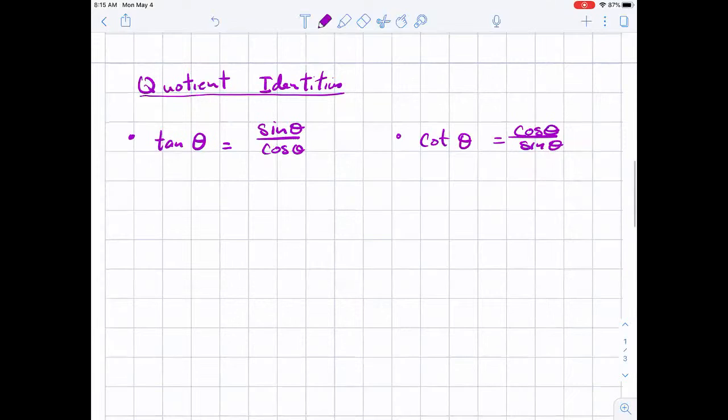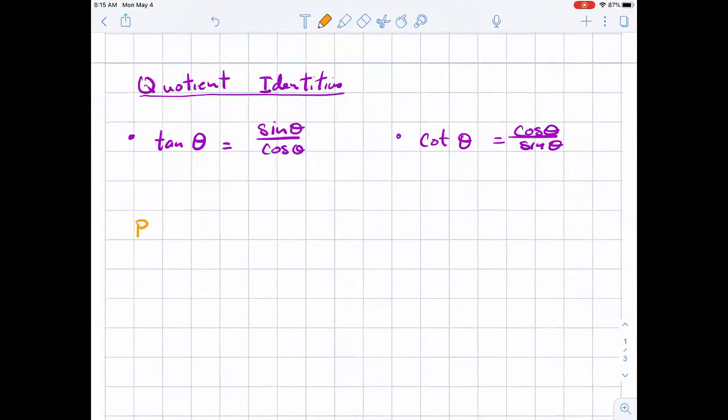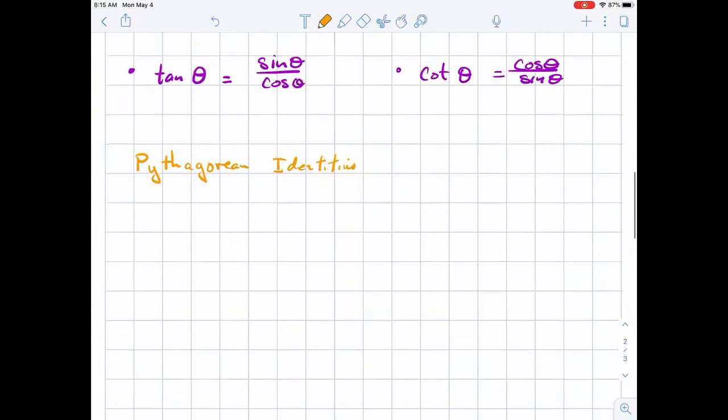There's also the Pythagorean Theorem identity, which tells us, very, very common, sine squared theta plus cosine squared theta is equal to 1. And from this one, I can get 2 more.